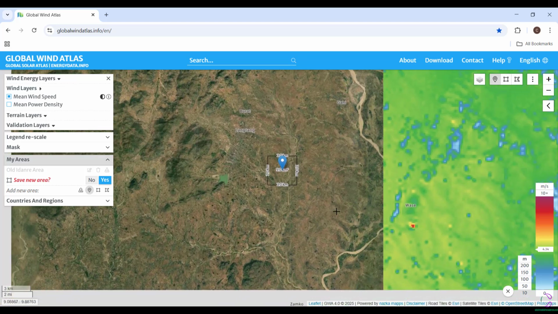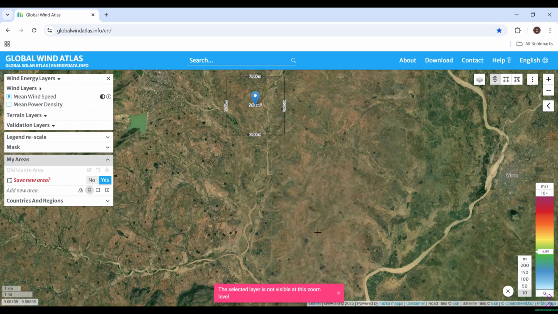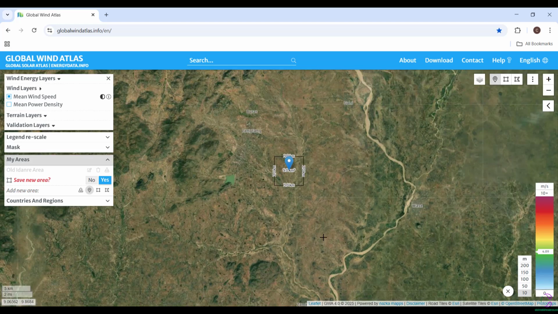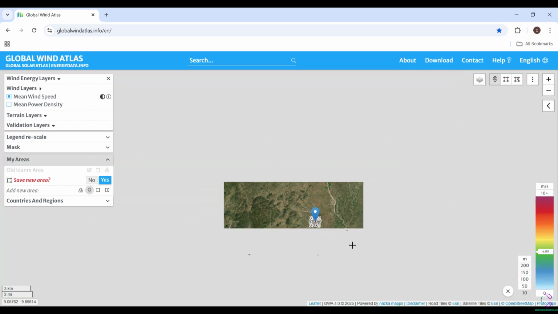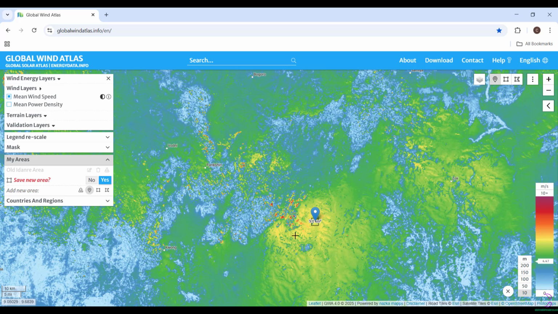Although there are patches of good wind speed, here is a concentration where you have good wind speeds in Plateau State.